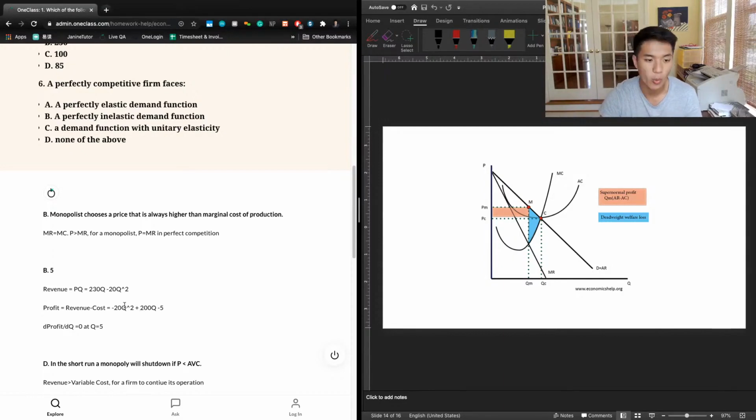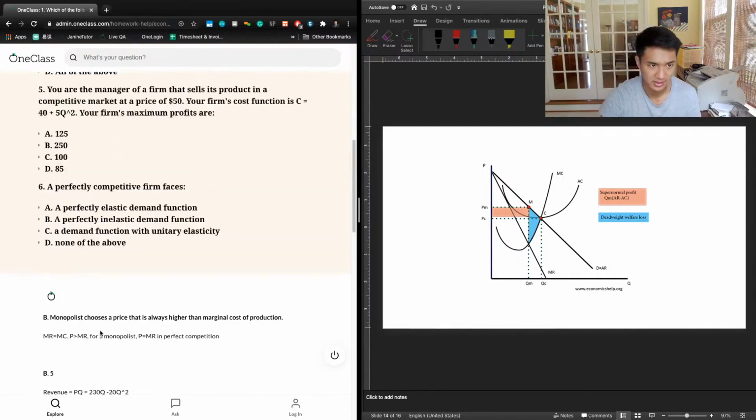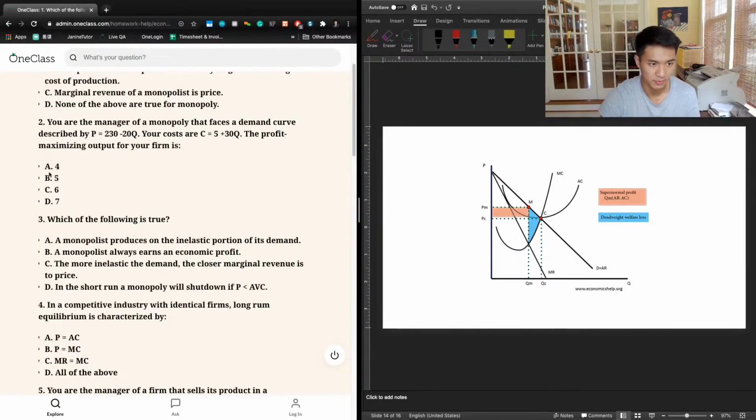We want to see where this quadratic profit equation is maximized. So we take a derivative, and you get negative 40Q plus 200, and Q is equal to 5, right? 200 divided by 40 is 5. And so at Q equals 5, profit is maximized, and the correct answer is B.